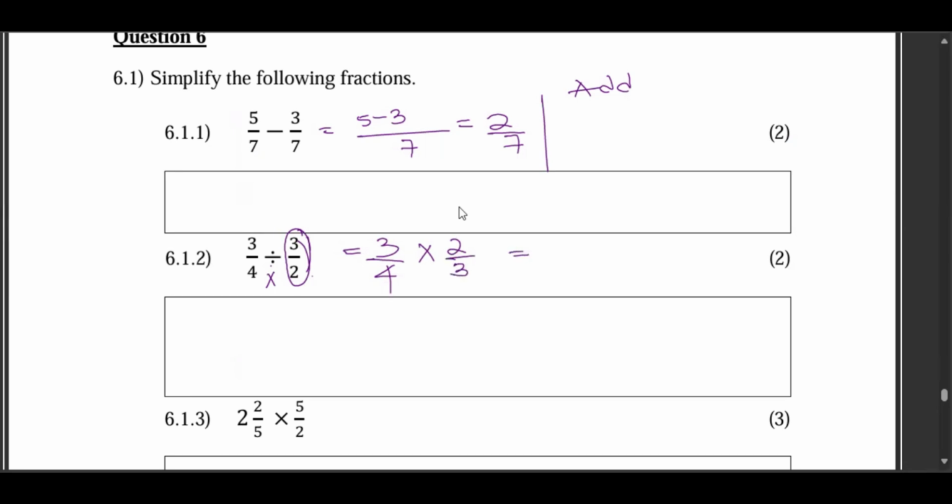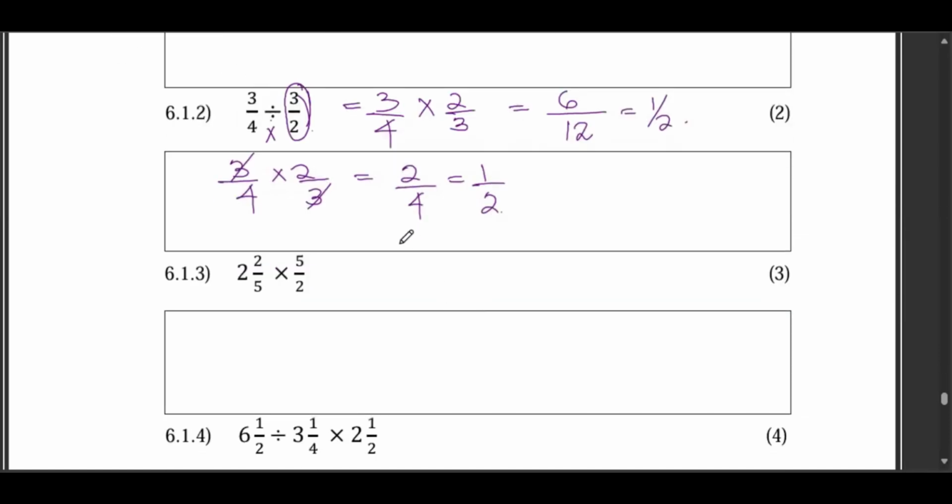So in this case, you have 6 over 12, which is the same as 1 over 2. So the numbers had to reciprocate. Okay. So this became 2 over 4, which is the same again. That's what we call dividing.